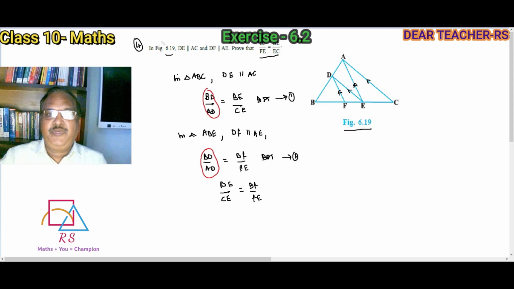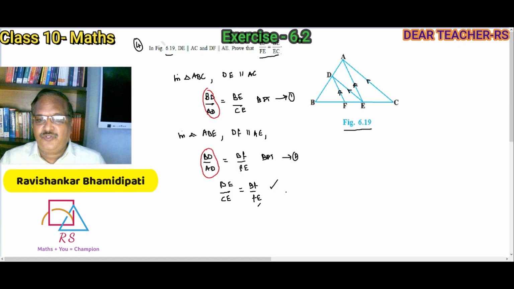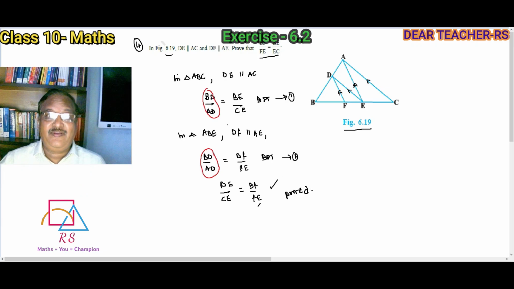So BF by FE is one side and BE by EC is the other side. The notation is different, FE is given here and CE is given in the RTP as EC. So both are okay. So you can write proved. Very, very simple question. Don't get confused. Let us go to the next problem.